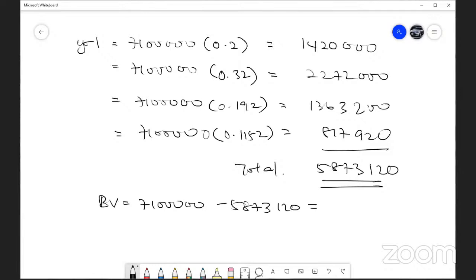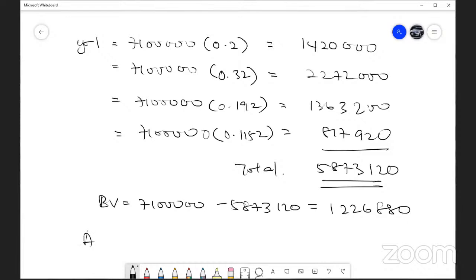Only here there was a minor error. So the book value after deducting is 1,226,880.